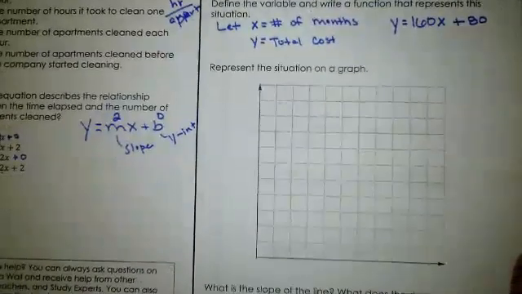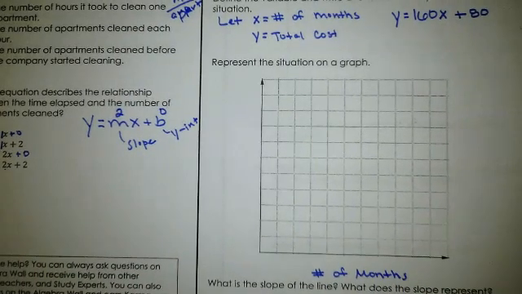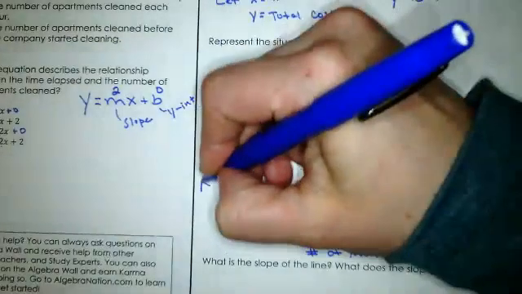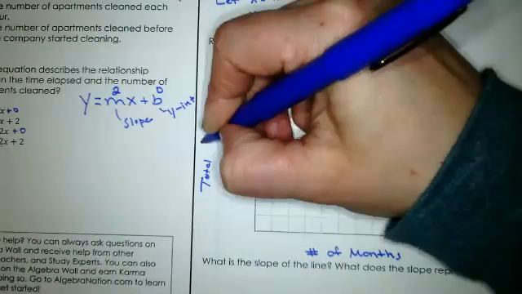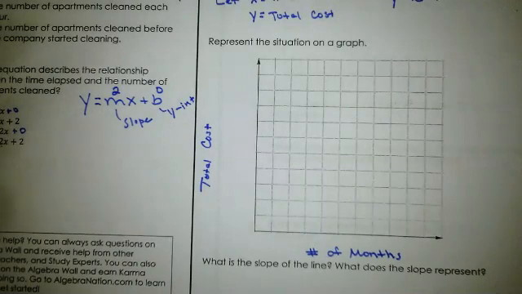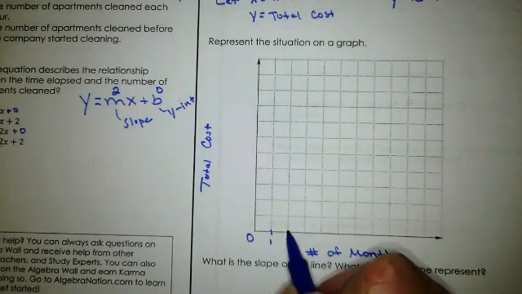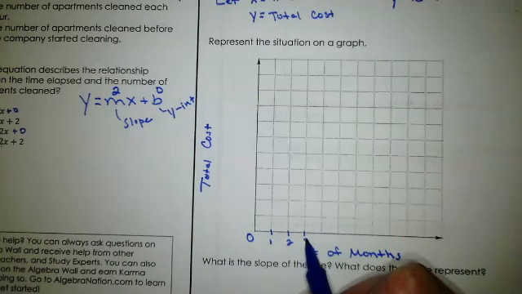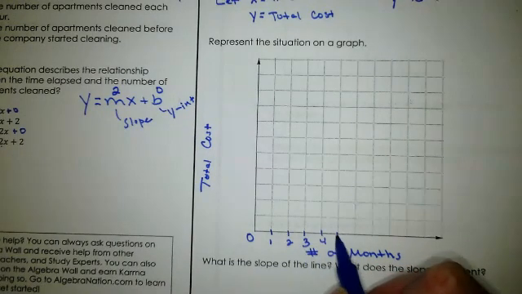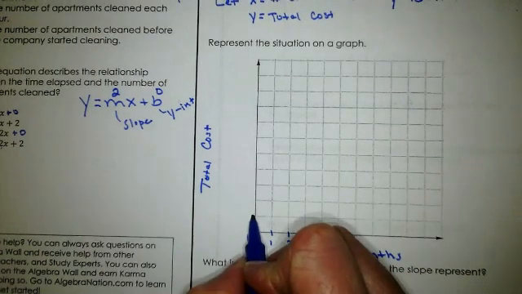Represent this situation on a graph. So X was number of months. Y was total cost. We're only working in the first quadrant because we only need positive numbers. So the bottom left-hand corner will be the origin. And we'll count by ones for months. And let's count by 80s for cost.